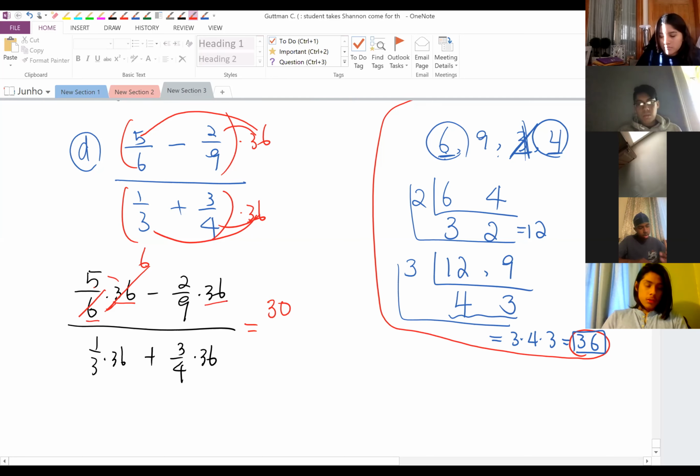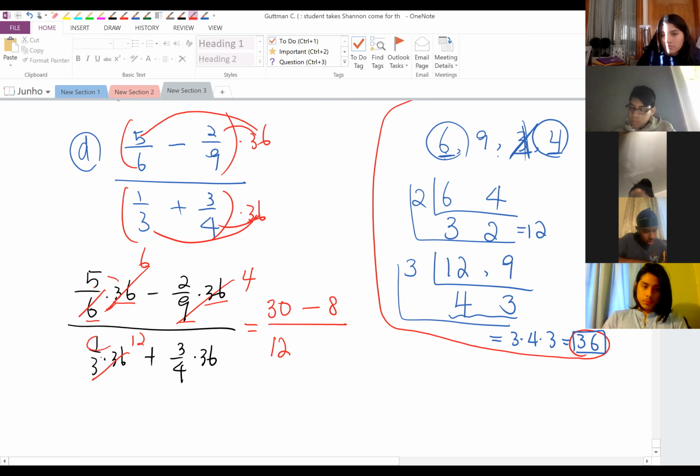Now 36 divided by 9 is 4, and 2 times 4 is 8. And 36 divided by 3 is 12. Because it's 1 here, I'm not going to do anything. Now 36 divided by 4 is 9, and then 3 times 9 is 27.